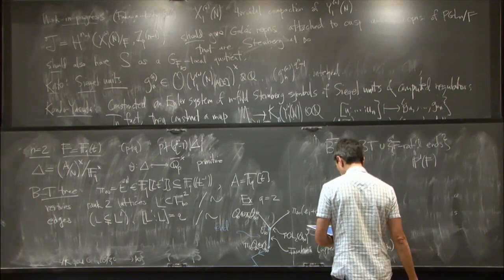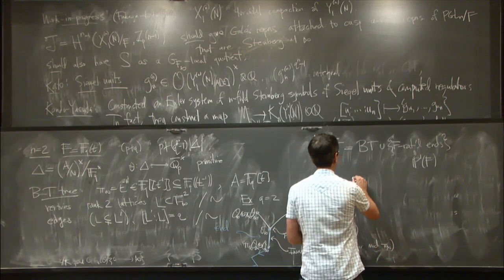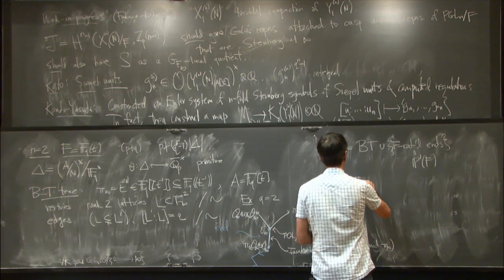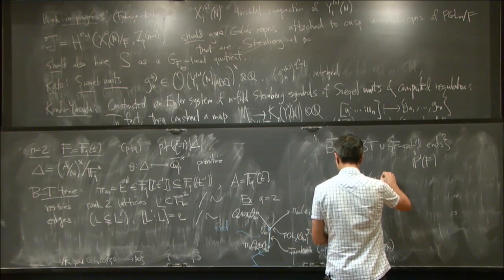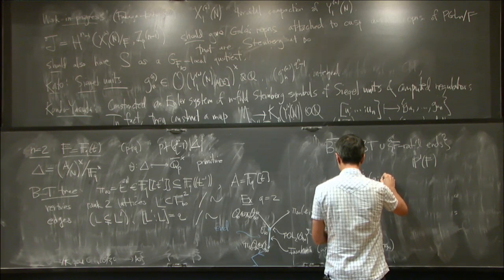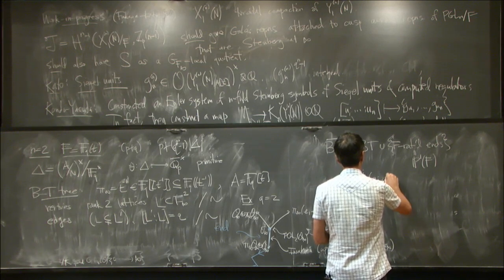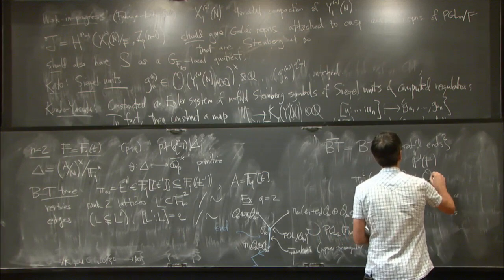And explicitly, you can imagine that any end has the form, for sufficiently large I at least, AI, BI, sorry, I changed my notation a little bit, plus O infinity squared.